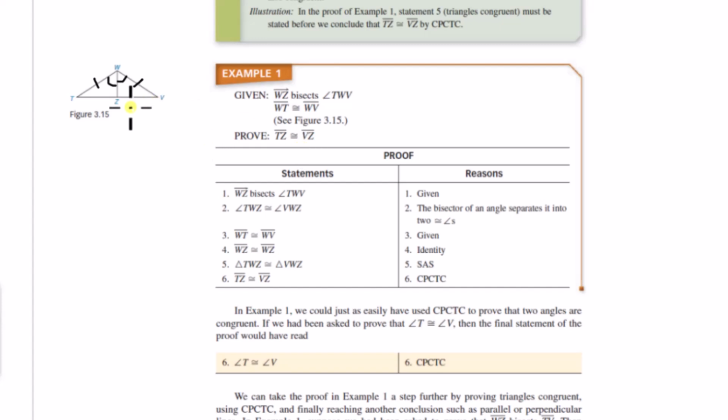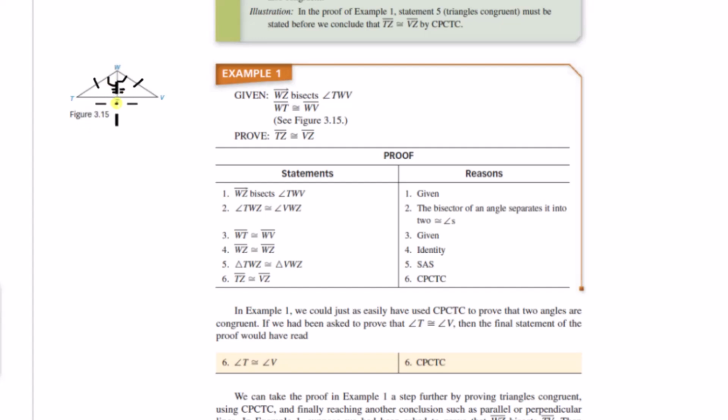Okay, so this is very similar to problems we worked in the previous section. But in the previous section, we were given this setup here with these congruences, but then the prove was that triangle WZT is congruent to triangle WZV, and we proved that because we've got this common side here.